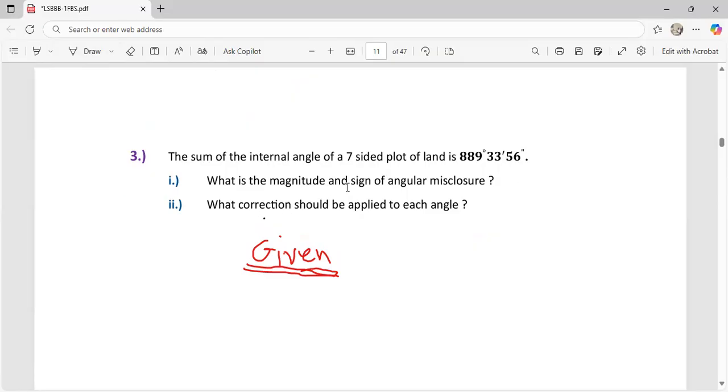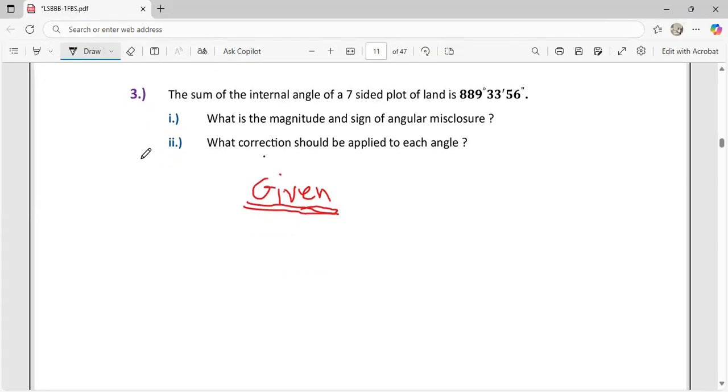What is the magnitude and sign of the angular misclosure? And also, what correction should be applied to each angle? So it is as simple as that.